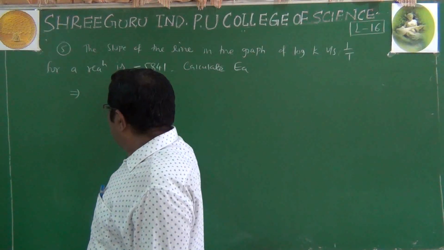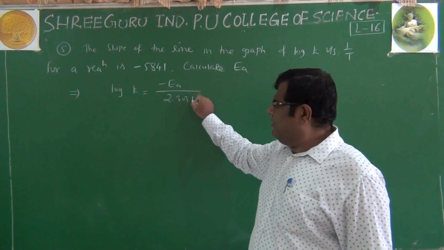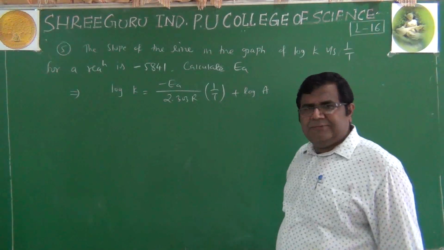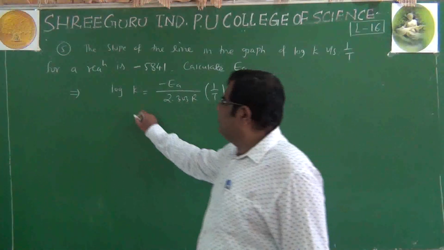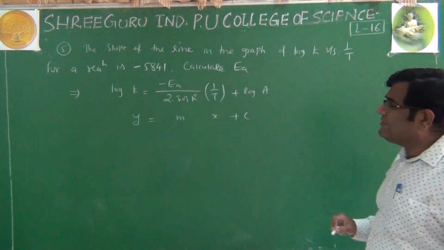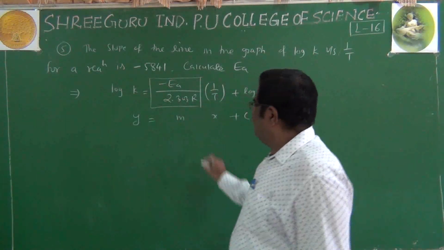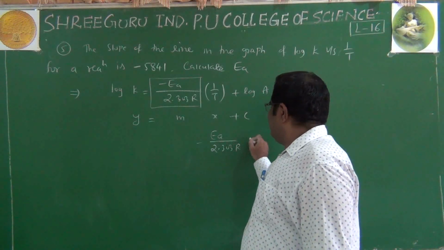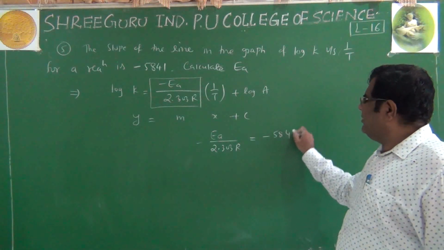We can say that log k equals minus Ea by 2.303 R into 1 by T plus log A. This is the Arrhenius equation, one of the forms of it. It is of the form y equals mx plus c. The graph is already known to us, and this is the value of the slope. So negative Ea by 2.303 R equals the slope value given, negative 5841.